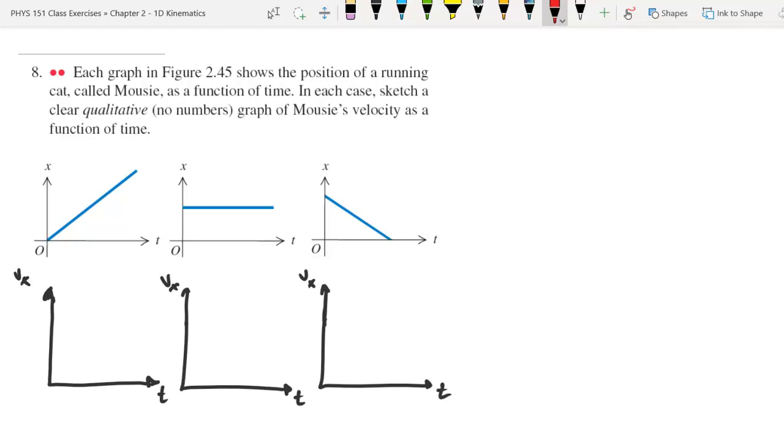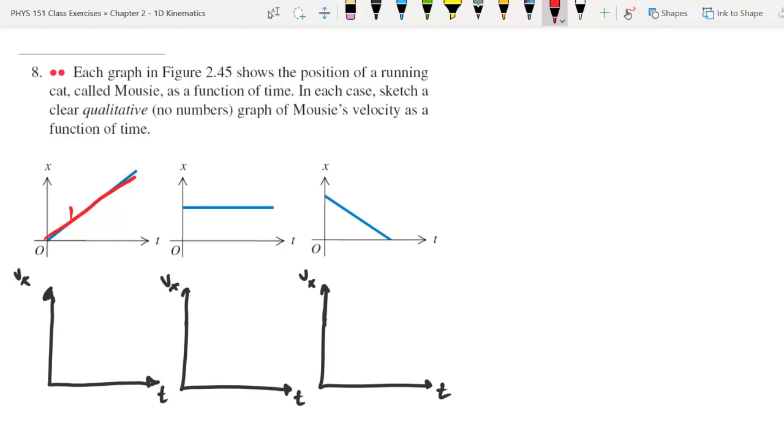And remember that the slope of the position versus time is the velocity, right? So I have the change in position with time. And we have delta x over delta t, rise over run there. That is the velocity. So the slope at every point translates to the value of the velocity. So in this first one, I have a constant slope, right?